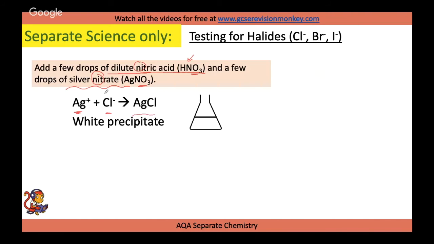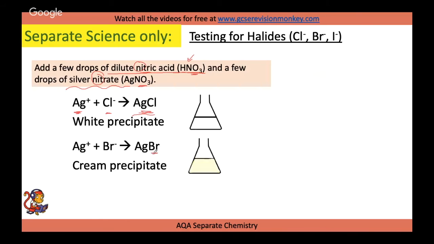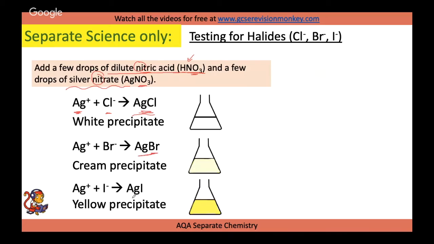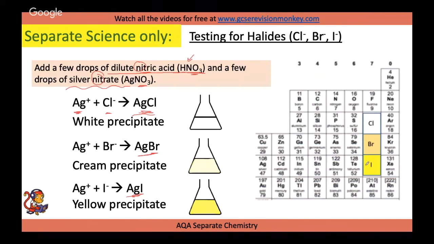So, for example, if chloride ions were present, you would make silver chloride, that is white. If bromide ions were present, you'd make silver bromide, which is cream. And if iodide ions were present, you'd make silver iodide, which is yellow. To help you remember that, it goes darker as you go down the periodic table. So a nice visual there to help you.